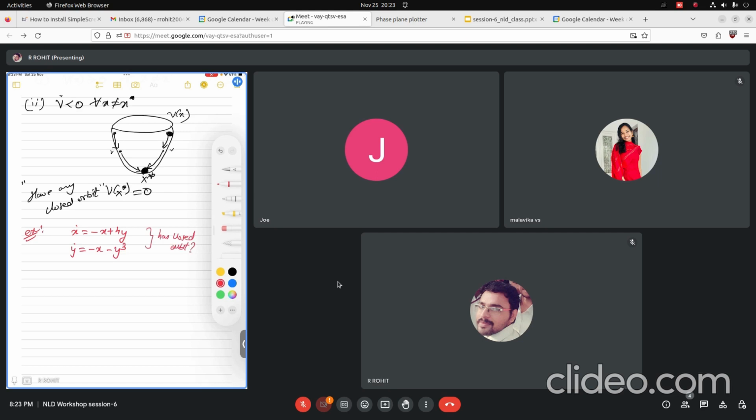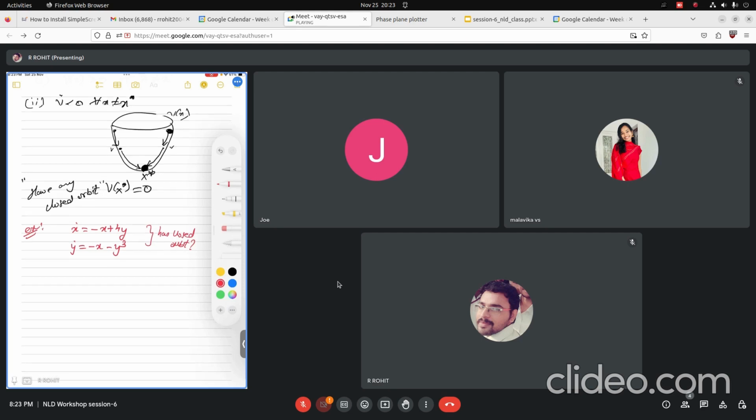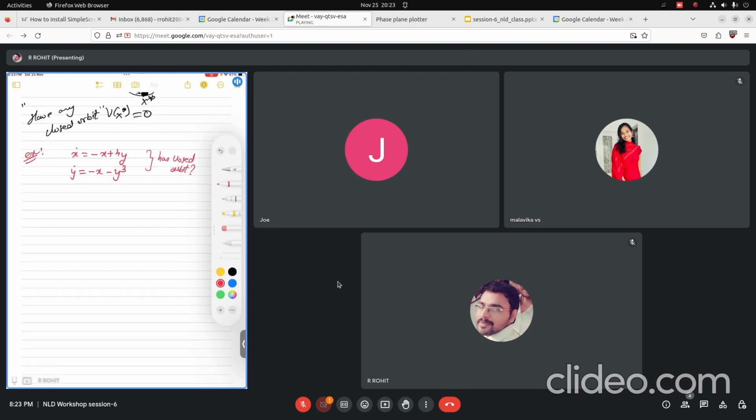They are asking us to construct a Lyapunov function. The biggest limitation of this method is that you don't have any standard rule to find a Lyapunov function. You try a trial and error method to find it.